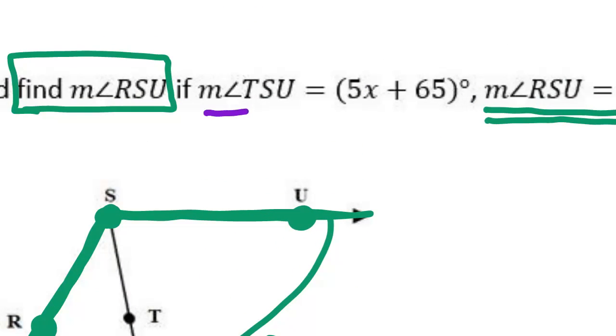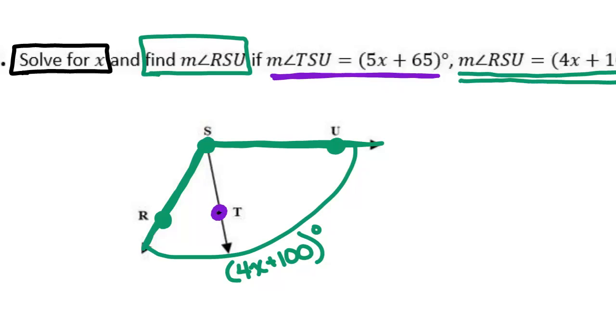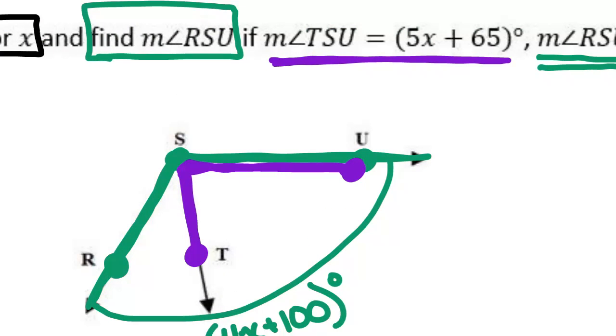Well, I know that angle TSU, T up to S, and then over to U, this angle right here is 5x plus 65 degrees. What else do I know?